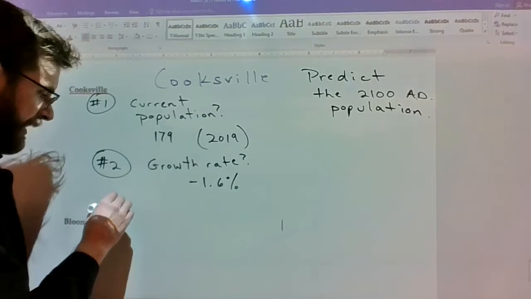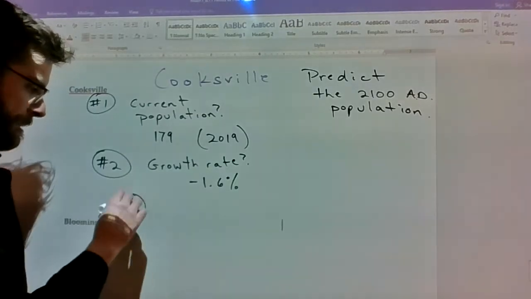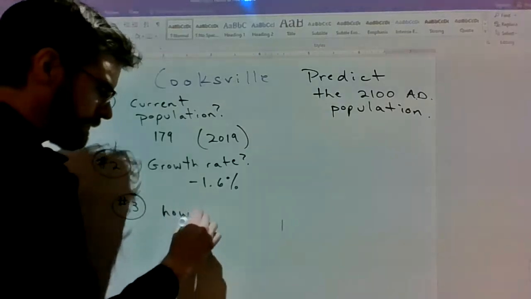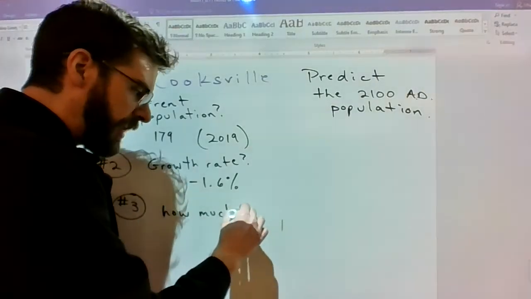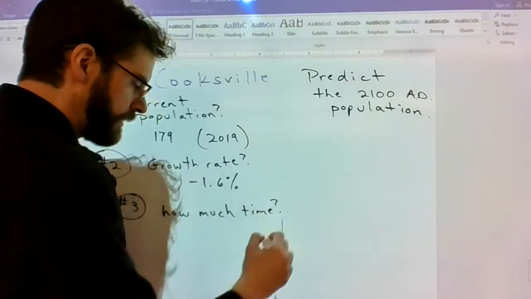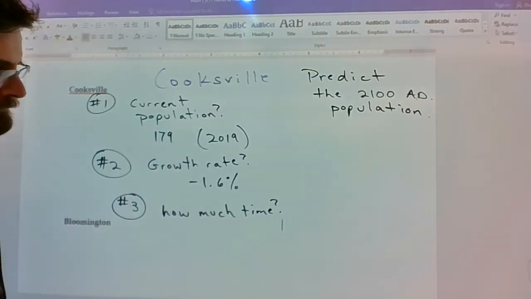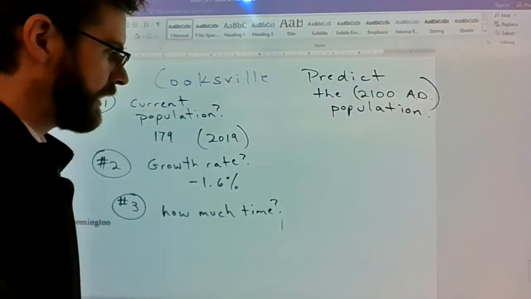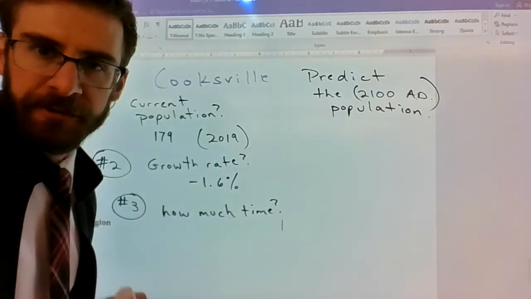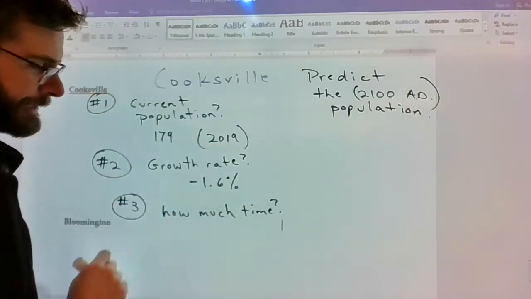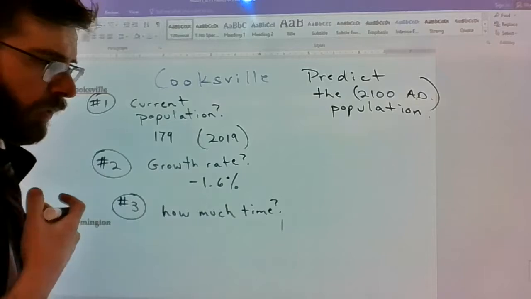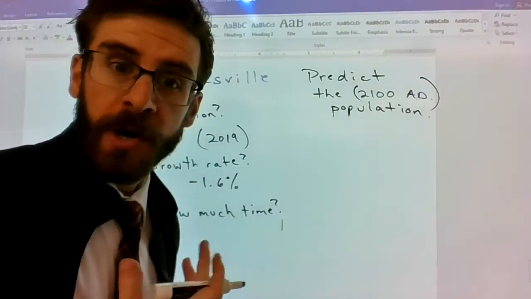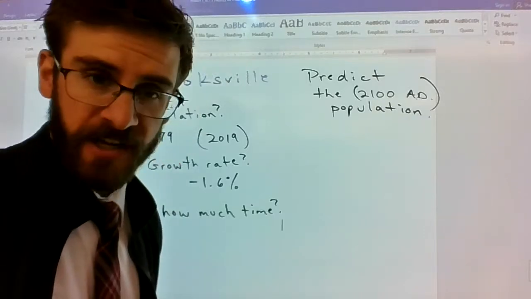And then the third thing we need to figure out is how much time passes. How much time are we talking here? Well, we're trying to get to 2100 AD, but we're basing it off of information from 2019. So we wouldn't base it on information from 2021, the current time.